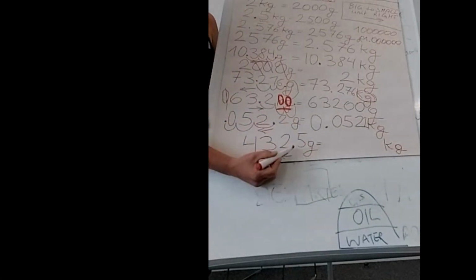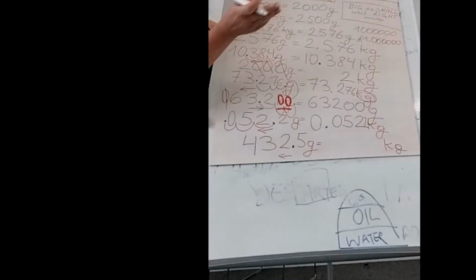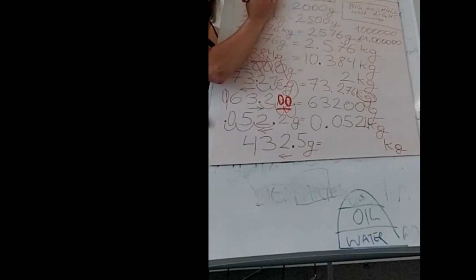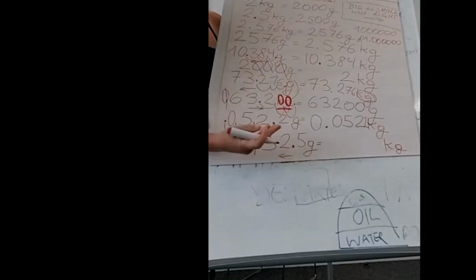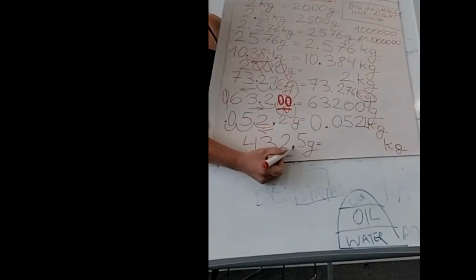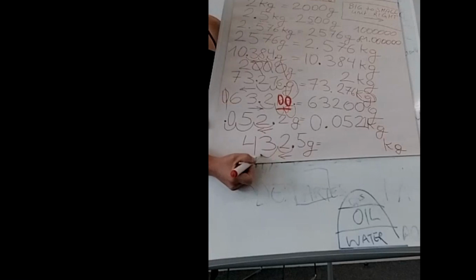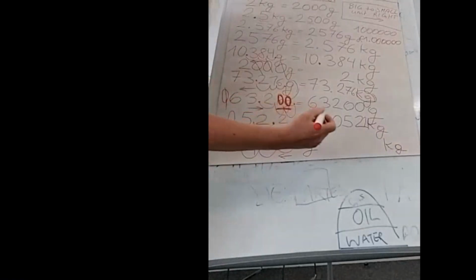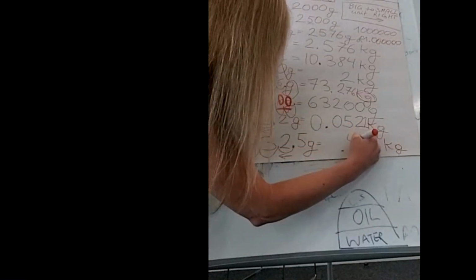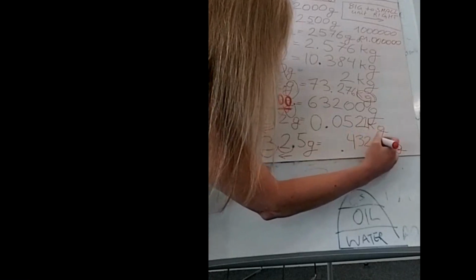How many times? 3, because we have 3 zeros in 1,000 grams, in 1 kilo, so that these are the same. In order to make this the same as this, I have to move it 3 times. 1, 2, 3. So I put it here. Okay, so I write down 0.4325.